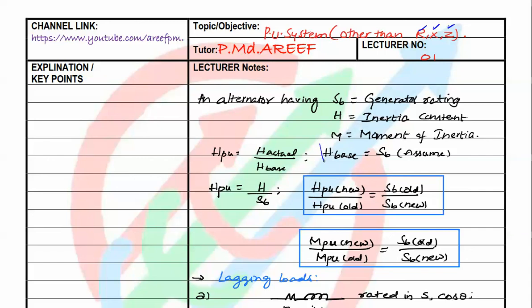Assuming H base is nothing but SB, H per unit is equal to the actual H value divided by S base. One thing you have to observe: H per unit is inversely proportional to S base. So H per unit new and SB new, H per unit old and SB old. From this we can also apply the same for moment of inertia.